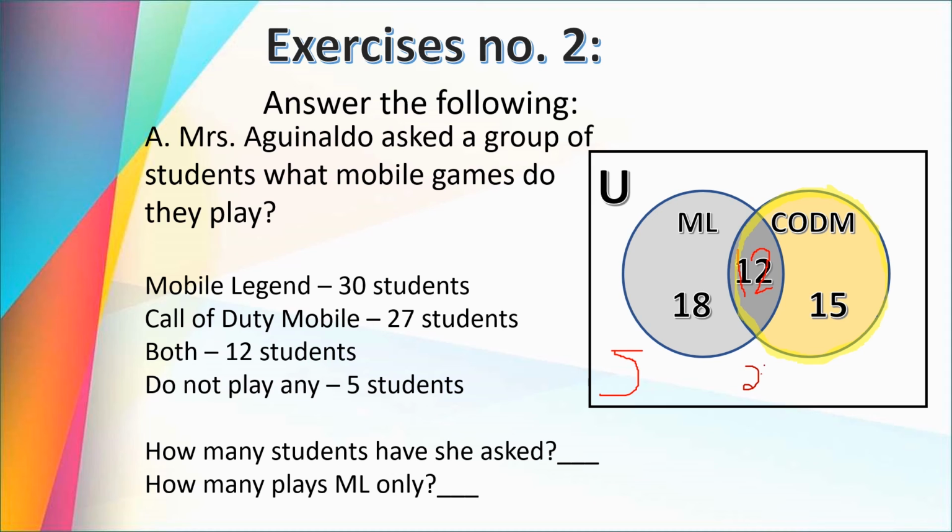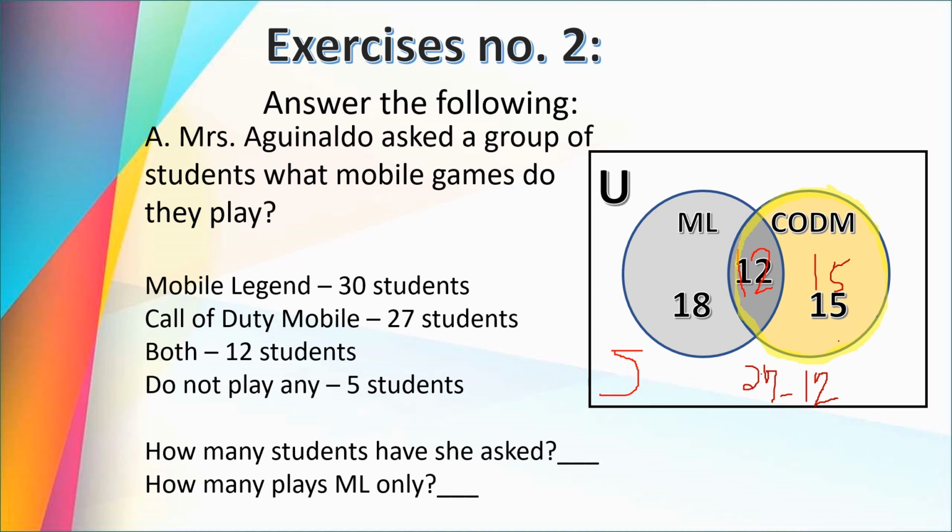Dito ko lang isusulat pero hindi dapat siya kasama sa loob ng set natin para makita nyo lang yung ating explanation. So 27 minus 12 is simply how many students? Simply 15 students. Very good. Ang isusulat na lang natin dito sa loob ng Call of Duty. 12 plus 15 is simply 27.